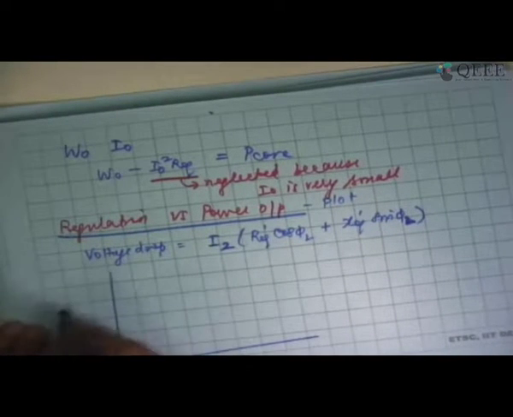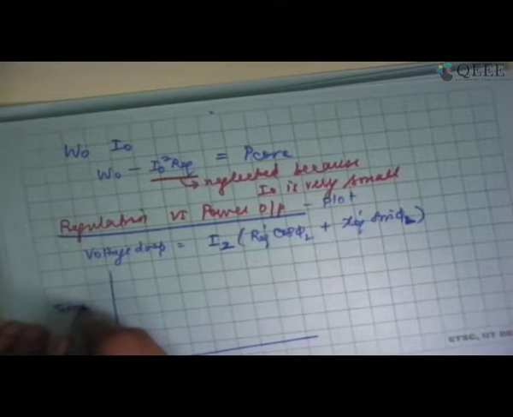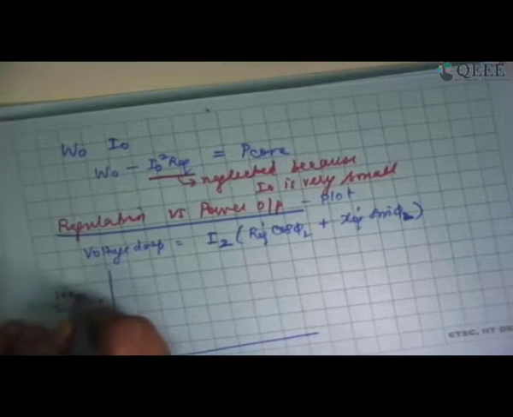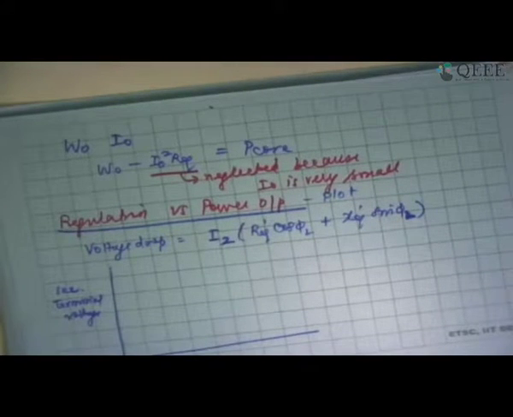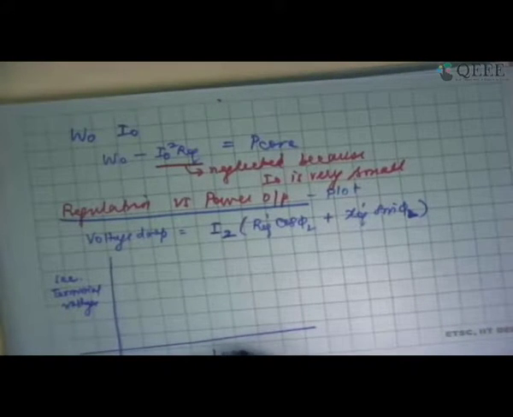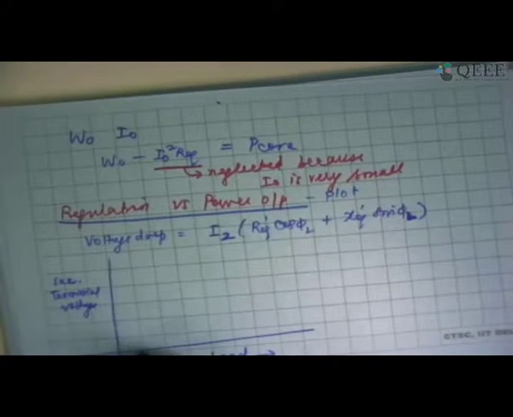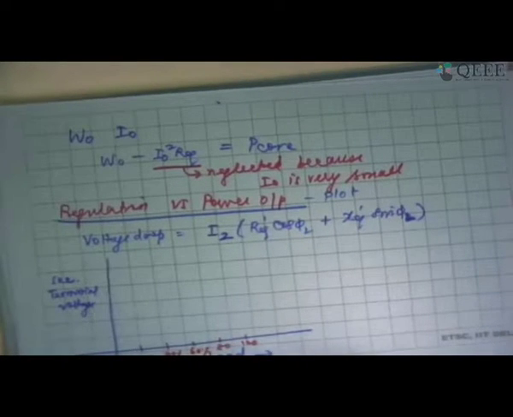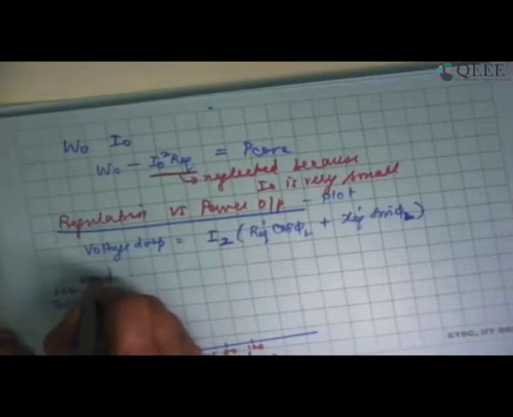what the terminal voltage on the secondary side is. So secondary terminal voltage versus load, percentage load. So let me say this is 20%, this is 40%, this is 60%, this is 80, this is 100. Right? Nominal terminal voltage, let us say, is 220 volts.